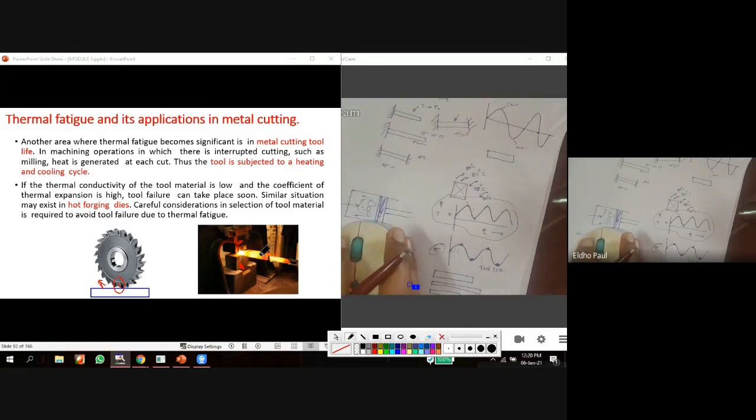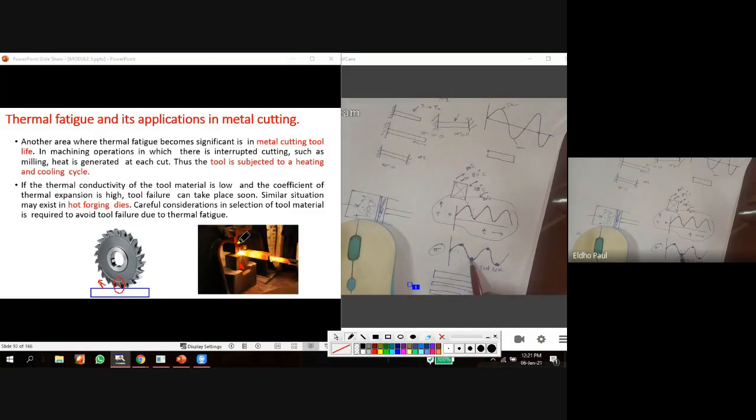So during this contact with the workpiece, there will be heat generation. And after this pressing process, when the dies come in contact with the atmospheric gas, there will be heat dissipation or a cooling process. Again, this process continues.